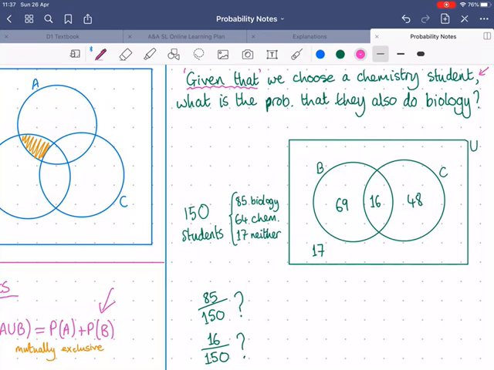That would just be the probability of biology. You might think 16 out of 150, because that's the number of students that do chemistry and biology.